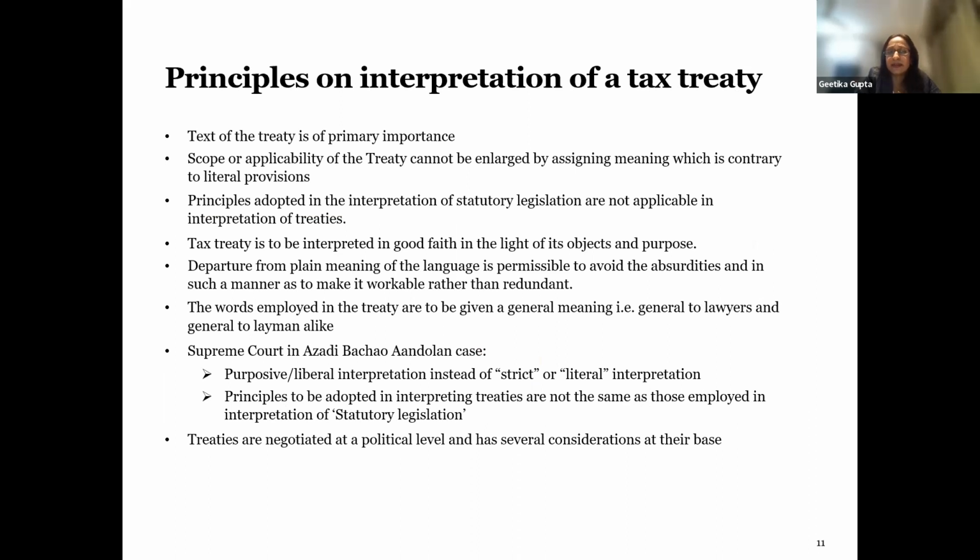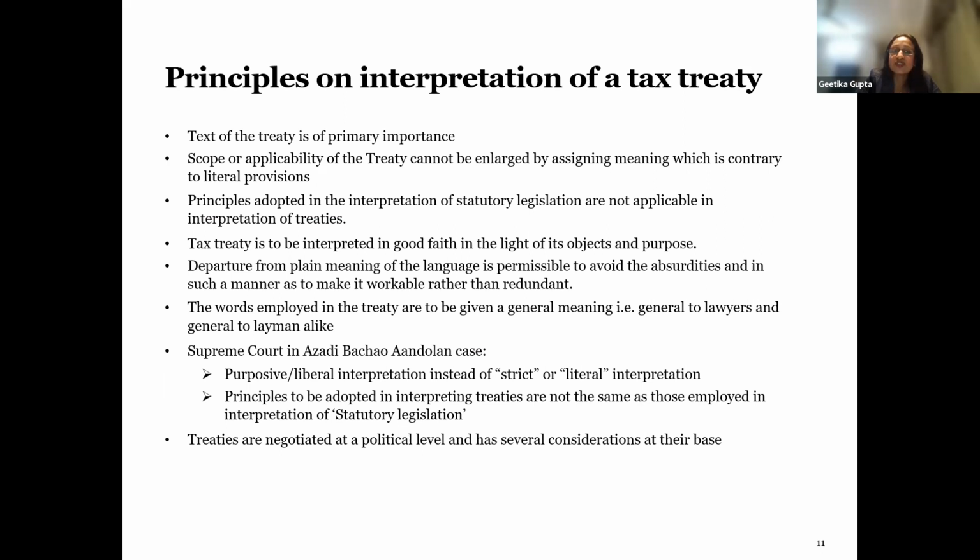This is again on the principles of the interpretation of a tax treaty. That is, the text of the treaty is of primary importance. The scope or the applicability of the treaty cannot be enlarged by assigning a meaning which is contrary to literal terms. The principles adopted in the interpretation of a treaty have to be simple and liberal, not rigid as we do in the domestic tax laws.